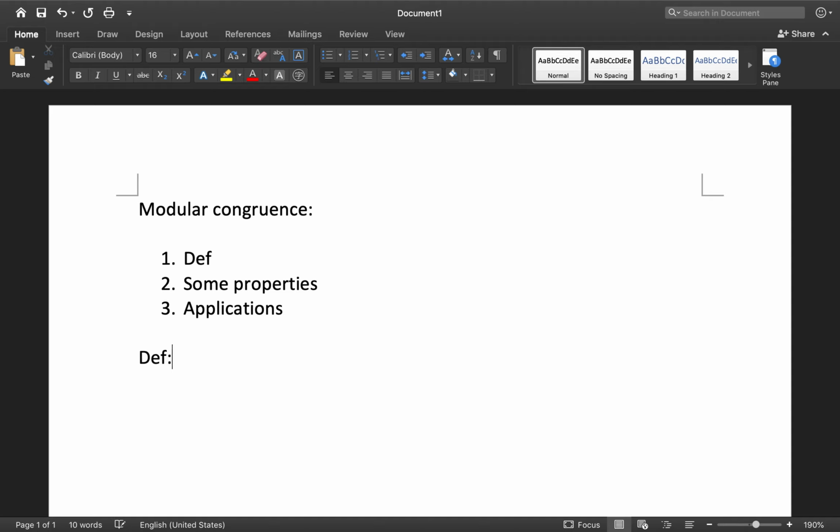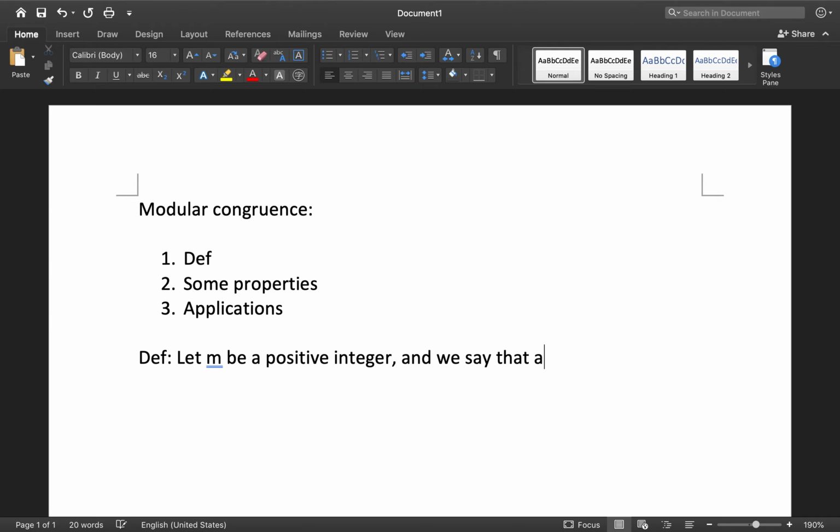So, what is the meaning of being congruent? Well, actually, it's very related to divisibility. So for example, let m be a positive integer, and we have two integers a and b.